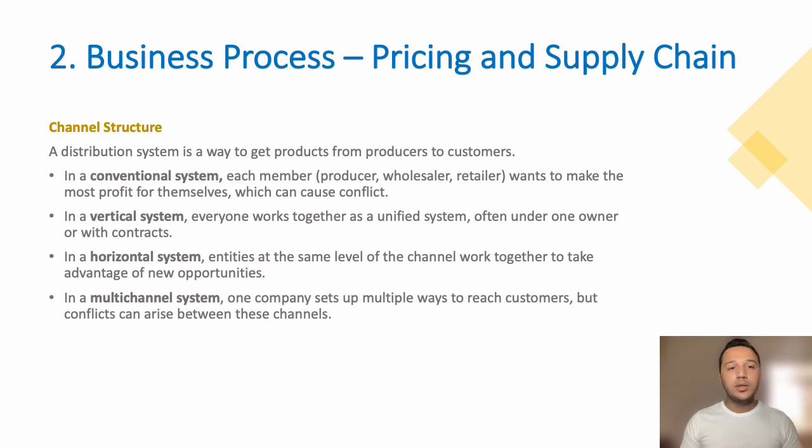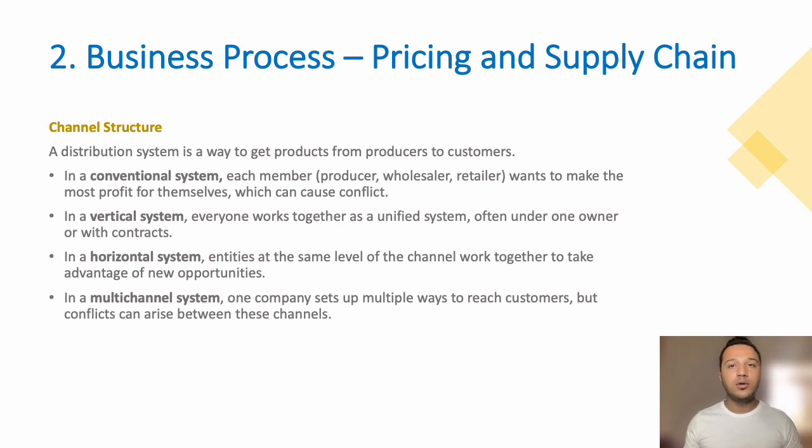Then we have a multi-channel system where we combine different channels for our product or services. For instance, we follow the conventional one where we sell to some individual and then they sell to the consumer, or we might be directly selling to the consumer in certain regions where we have good distribution warehouses and distribution channels.